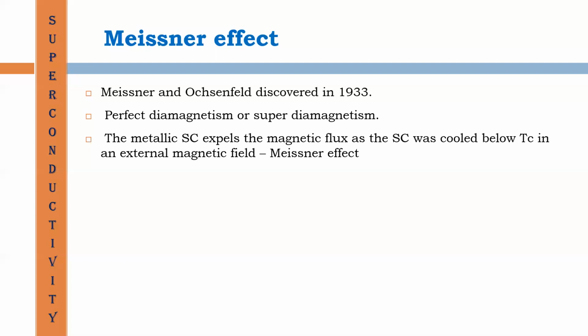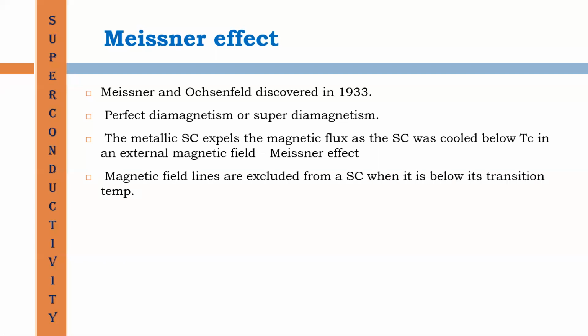I repeat, metallic superconductors expel the magnetic field as the superconductor is cooled below the transition temperature Tc in an external magnetic field. That means the magnetic field lines are excluded from the superconductor when it is below its transition temperature.